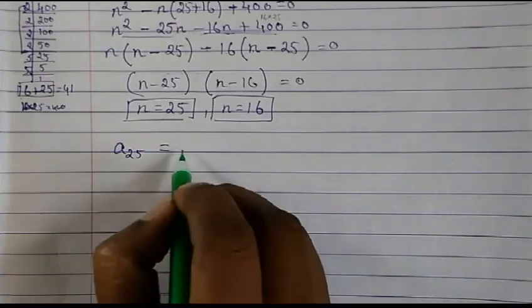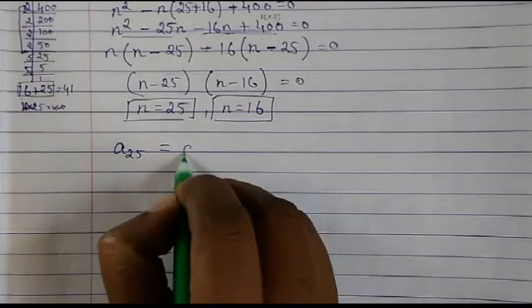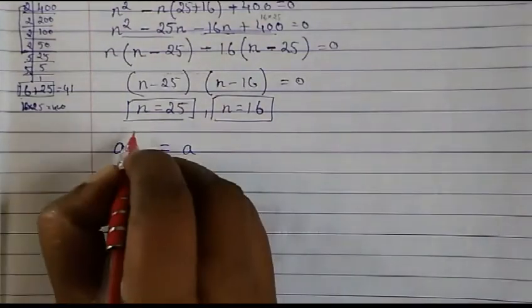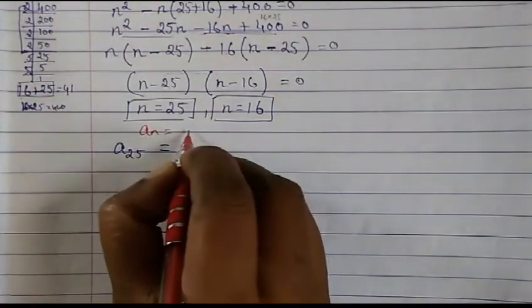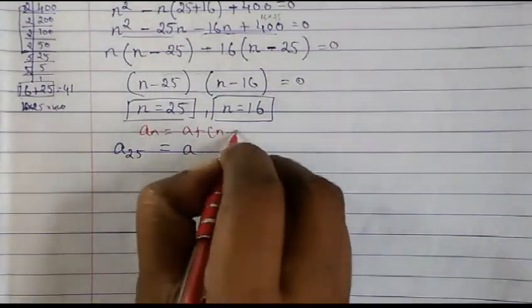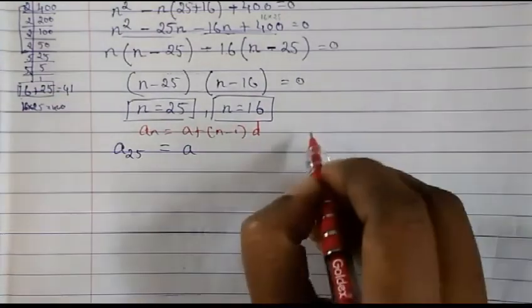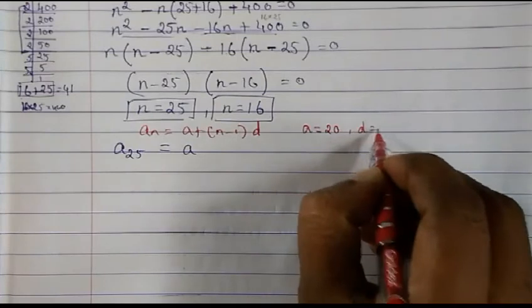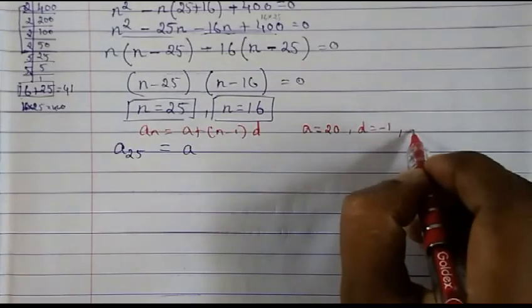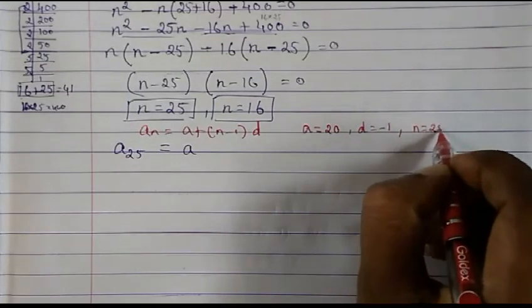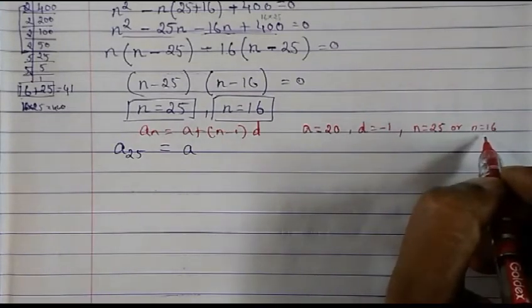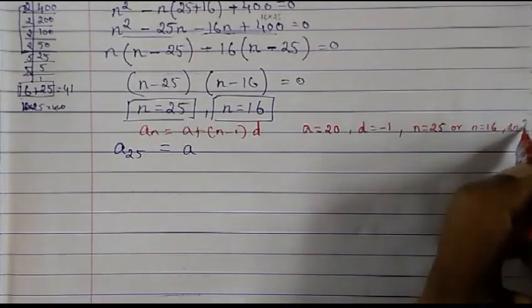So A25 will be, we know the formula, an equal to a plus n minus 1 d. We have found the a value, that was 20, d we also know is minus 1, and we take n as 25 or 16, both we have to find out.